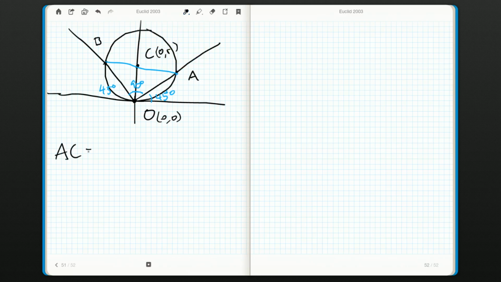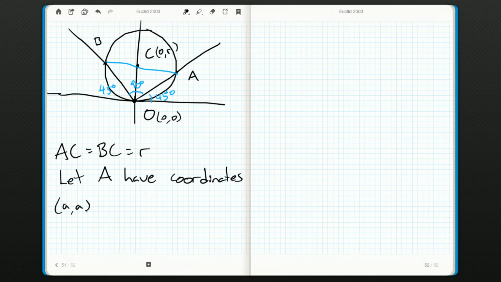So I know AC has got to be the same as BC, has got to be R. That's fine. And so (R, R) and (negative R, R) clearly do work, but I'd like to be able to justify that a little bit more. So let A have coordinates (a, a).